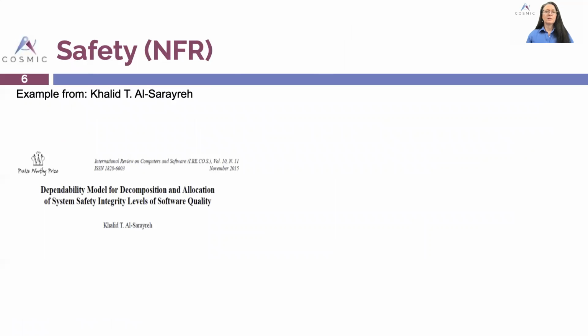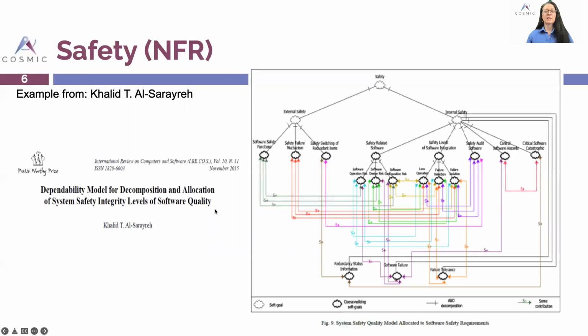Now, there are also safety requirements from the dependability model for decomposition and allocation of system safety integrity levels of software quality. And here's the model from that paper, where safety is decomposed into external safety and internal safety.